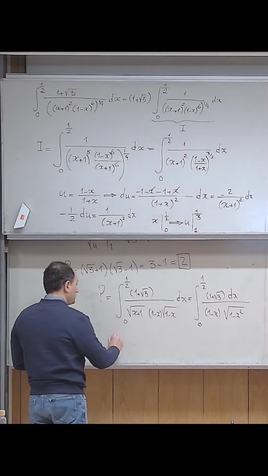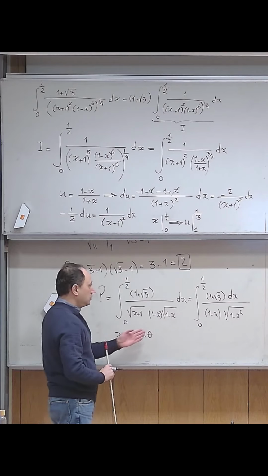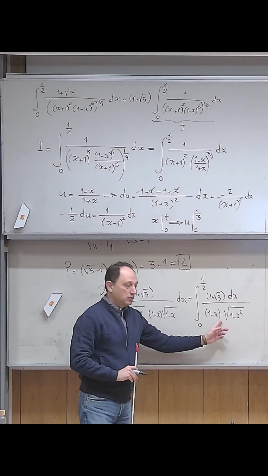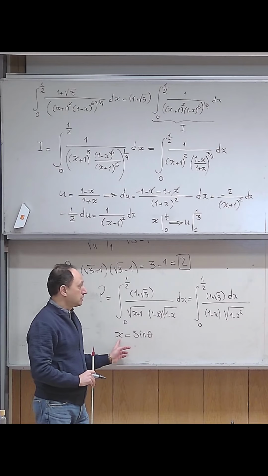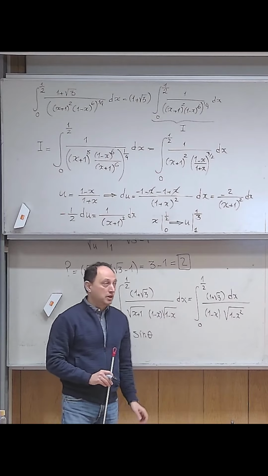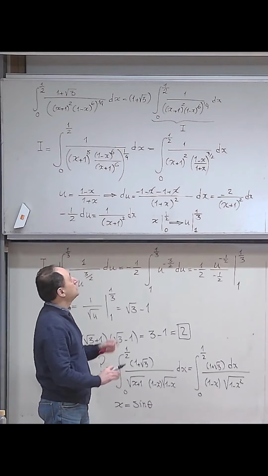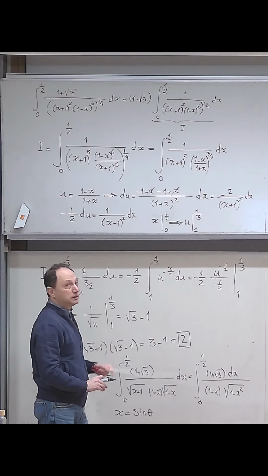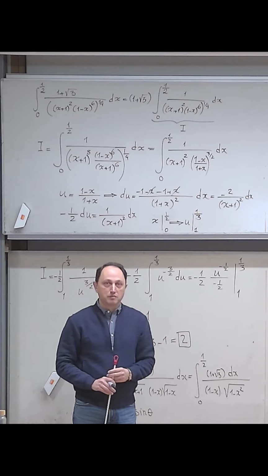Because of the existence of this integral, this is a very classic example of trigonometric substitutions. So what you do, you introduce x to be sine theta, and then you can easily solve this integral using this standard trigonometric substitution. It becomes a little bit lengthier, but it is in principle possible. But if you are more creative and you can see this change of variable, then you can solve it using very elementary methods.